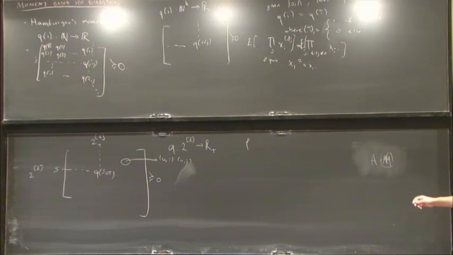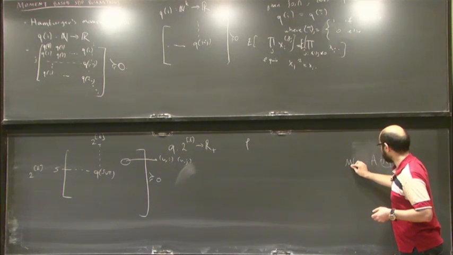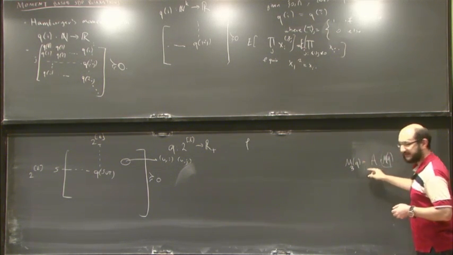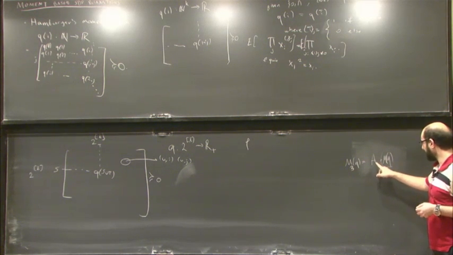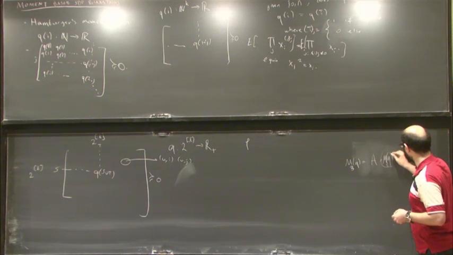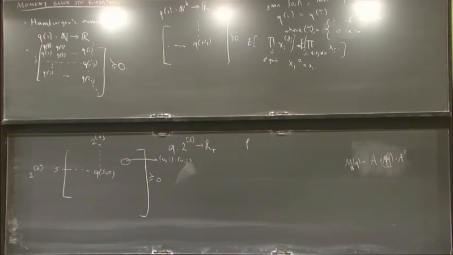In that case, the moment of the original problem on k variables will be equal to some matrix A times m of k on 3k variables times A transpose. And then it will lead to a question about binary things, about the cube, but 3k binary things, because we have this restriction.